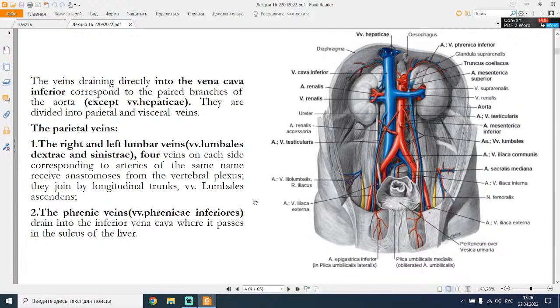The veins draining directly into the vena cava inferior correspond to the paired branches of the aorta, except the hepatic veins. They are divided into parietal veins and visceral veins.